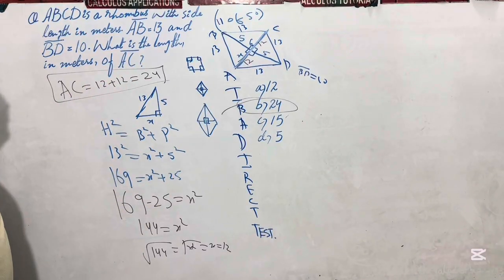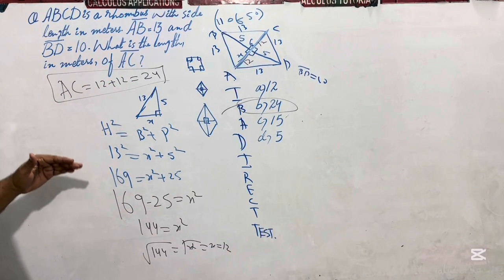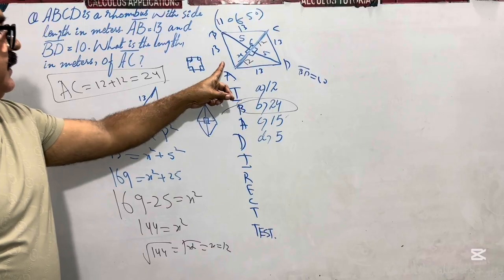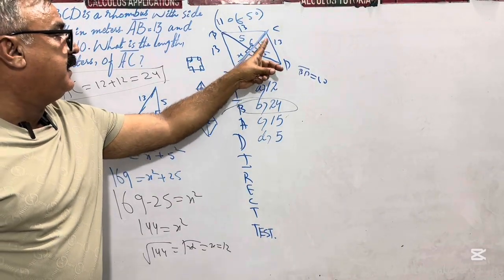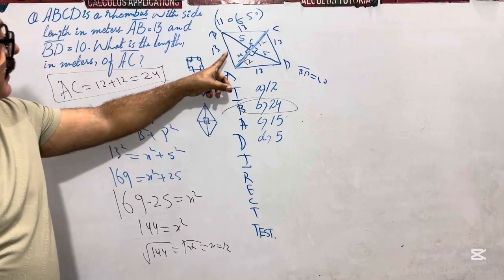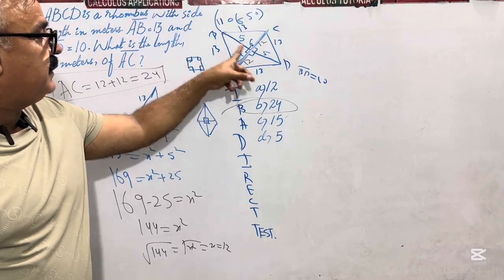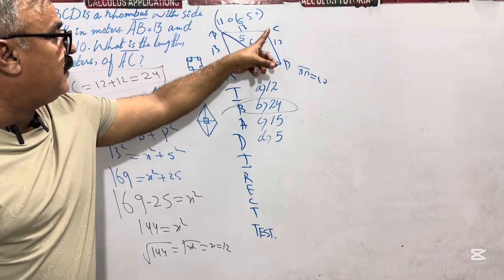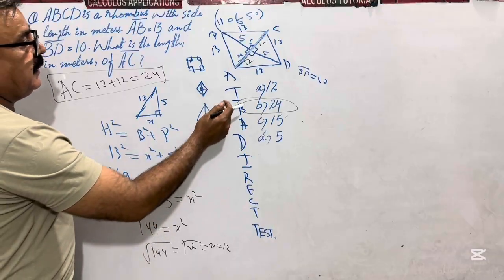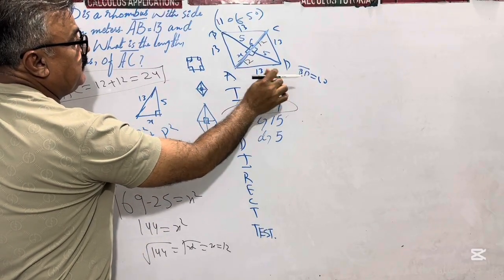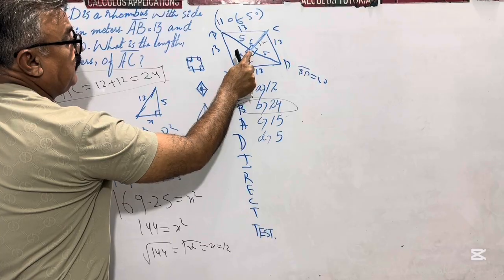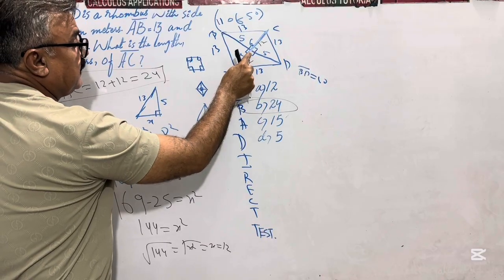It's a rhombus. The point of difference between rhombus and square is each angle of a square is 90. However, no angle is of 90 in case of rhombus. Here, diagonals are perpendicular to each other. It is given to us BD is 10 centimeters. They bisect, meaning they intersect at midpoints.